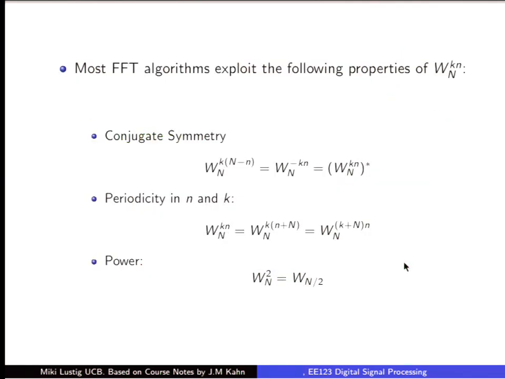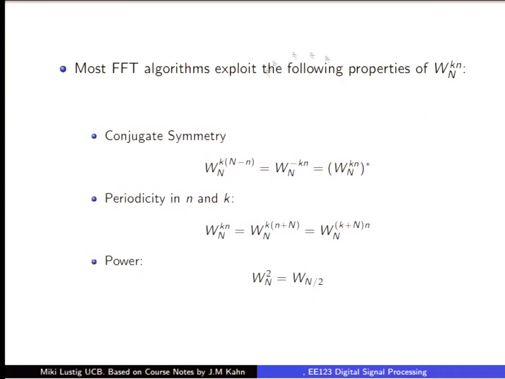All right. So if you think of the operation that we're going to do, the DFT matrix has different exponents of this w sub n. So maybe we can exploit that structure in order to do fast computation.